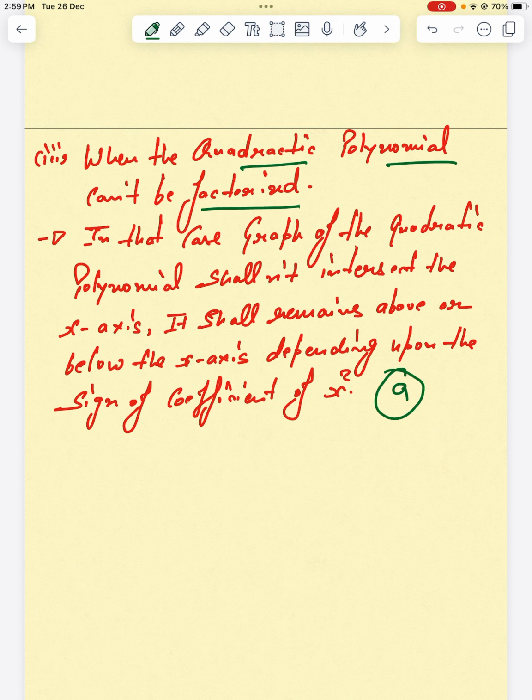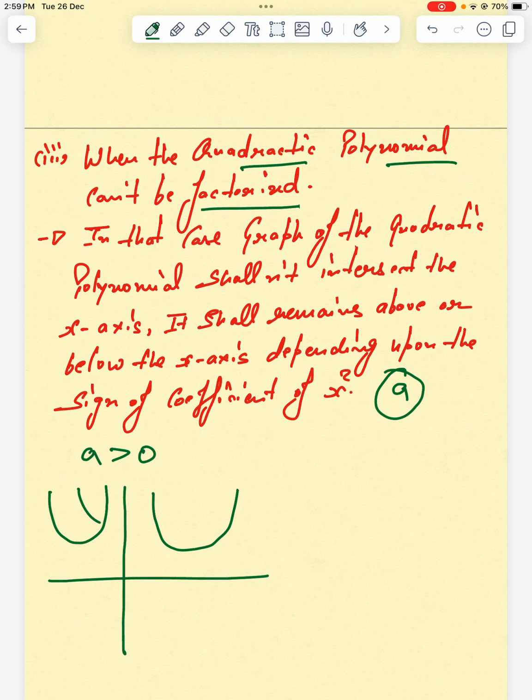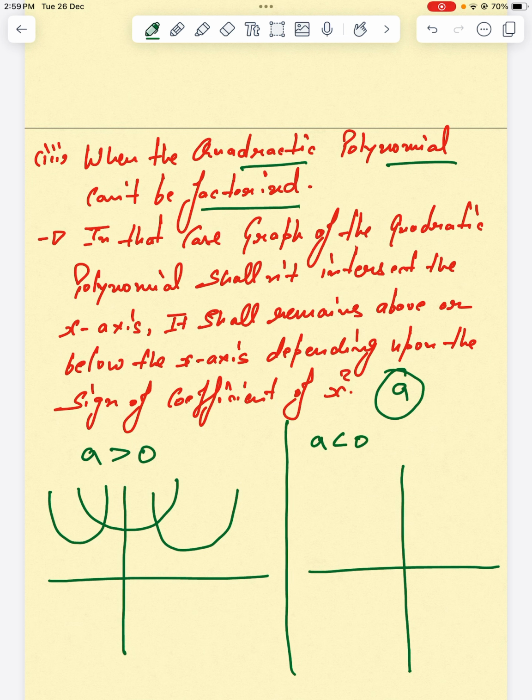So if a is positive, the graph of the quadratic polynomial shall go like this, or like this, or it can intersect the y-axis as well. So three cases are possible. Similarly, if a is negative, it will open downwards but remain below the x-axis. It can go like this, like this, or like this also, right?